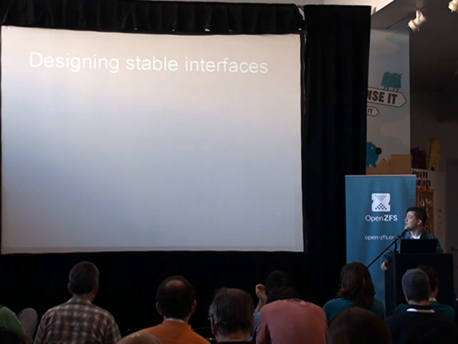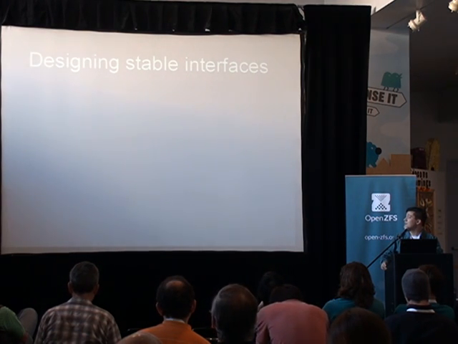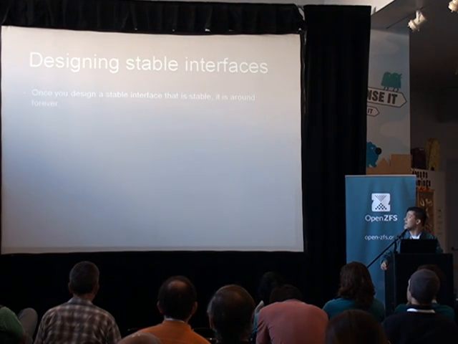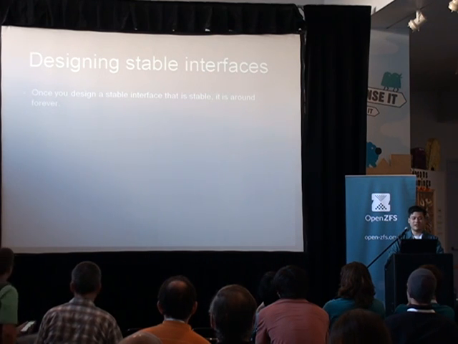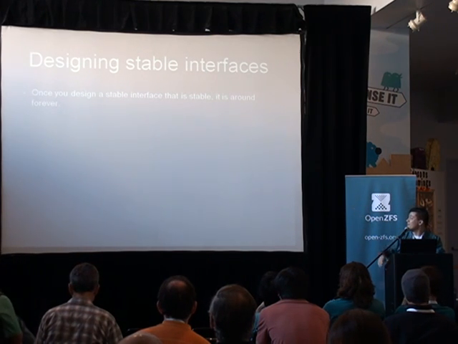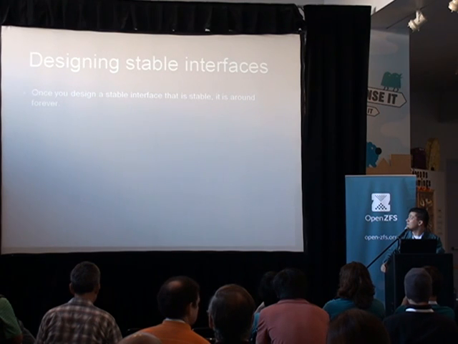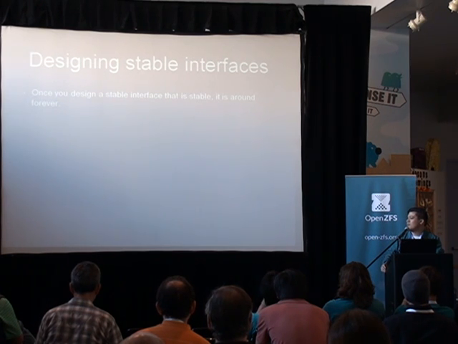So that brings us to designing stable interfaces. In short, the reason this hasn't been done before is that it's a pain to do. There are plenty of examples of stable interfaces where people have made mistakes, and they end up on PowerPoint slides with people saying this was a horrible idea, now we're stuck with it, let's try to make this better somehow and get into a safe situation.